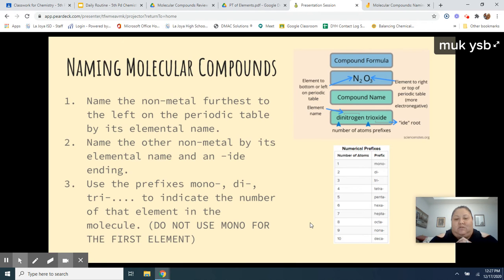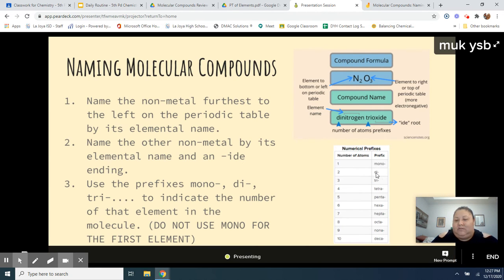Now those little subscripts are going to be changed into prefixes, which we have listed here: mono, di, tri, tetra, penta, hexa, hepta, octa, nona, deca. These are the prefixes that the subscripts will change into. Whatever subscript you see, each of them has a prefix associated with it.